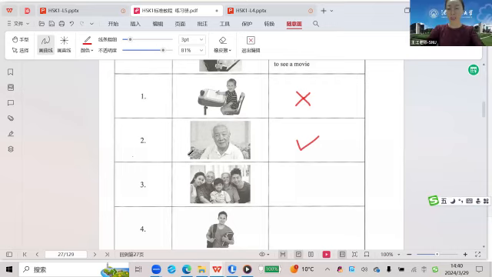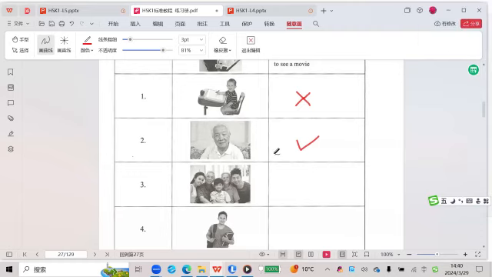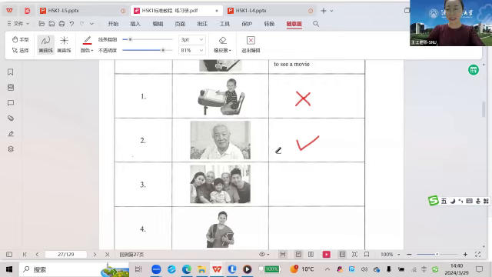We heard 75岁. What's the meaning of 75岁? 75. How old? Who can tell me? We heard 75岁.